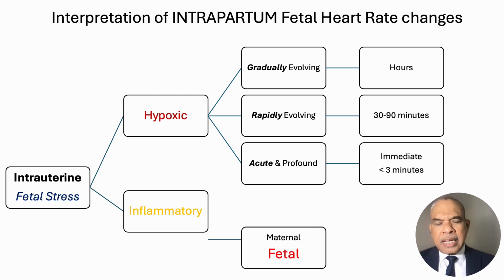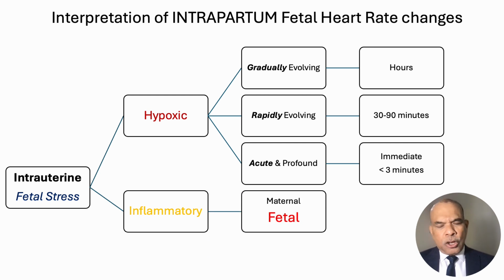So apart from the hypoxic stress, a human fetus also is exposed to inflammatory stress. It could be maternal source, for example, urinary tract infection or respiratory infection, gastroenteritis, but that is a small part of the inflammatory damage. The larger group of damage from inflammation happens from the ascending organisms like E. coli, GBS, ureaplasma.